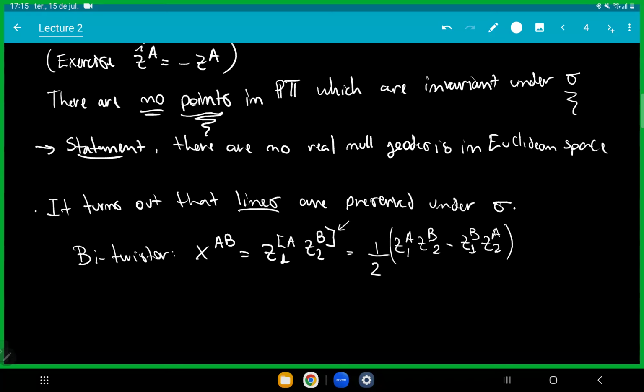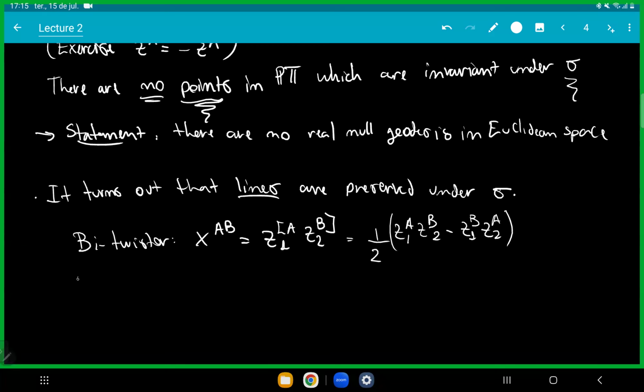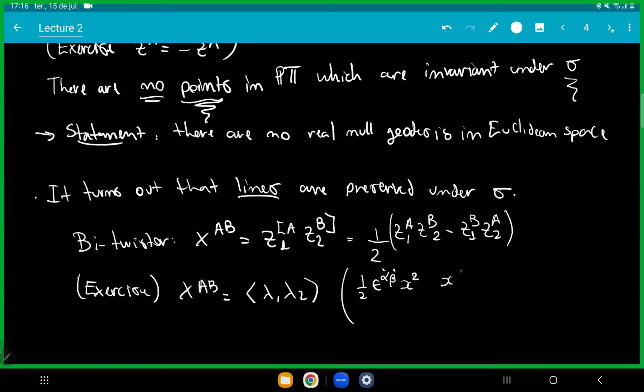Notice that the antisymmetry is on the upper indices, not on the lower. You can write this, and it's a fun exercise actually, using the incidence relations in terms of the coordinates. It will be written something like this: x alpha dot beta minus x beta dot alpha, times epsilon alpha beta.